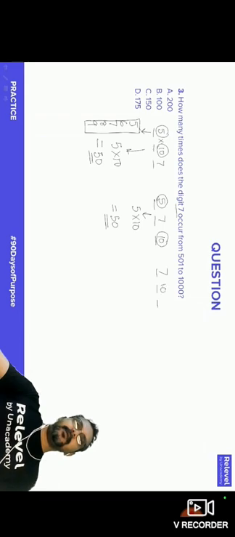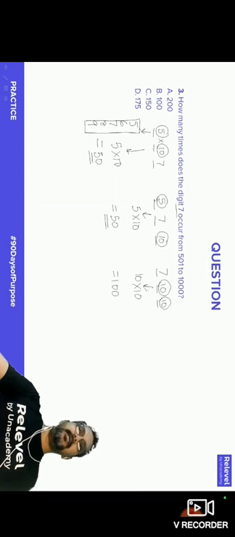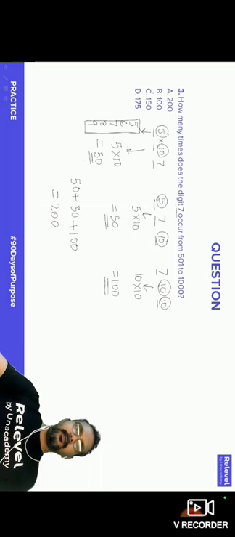This place can be filled in 10 ways, 0 to 9, and the units place also in 10 ways, 0 to 9. So it's 10 times 10 here. So that's 100 such occurrences of 7 in the hundreds place, 700 till 799. So total number of occurrences 50 plus 50 plus 100. So that is 200 such occurrences. So that is option A.